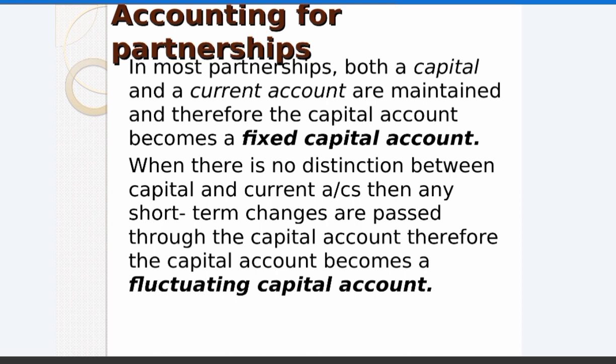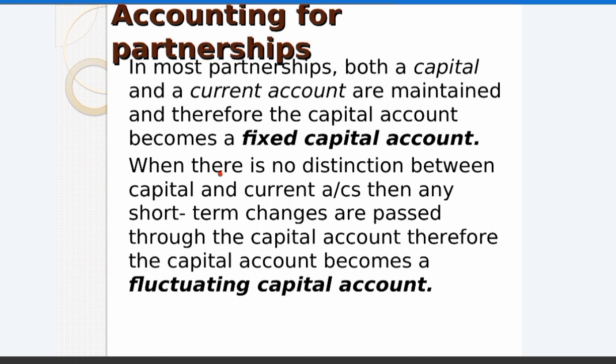So in this case, you'll find that those two accounts will be maintained. But there are some cases where they do not maintain the two accounts. That is, they don't separate between the long-term interest and the short-term interest. So in cases where there is no distinction between capital and current accounts, then they maintain one account.